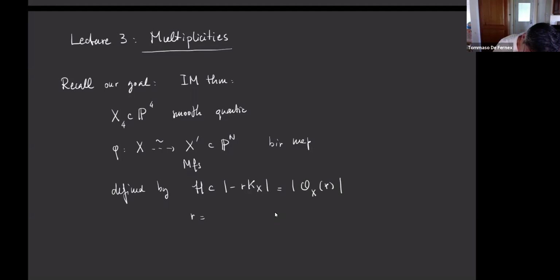You think about R as being the degree of the equations of phi. So phi is defined by a number of homogeneous forms of degree R from the projective space restricted to X. And remember that we also have another number, which is 4, the degree of X.